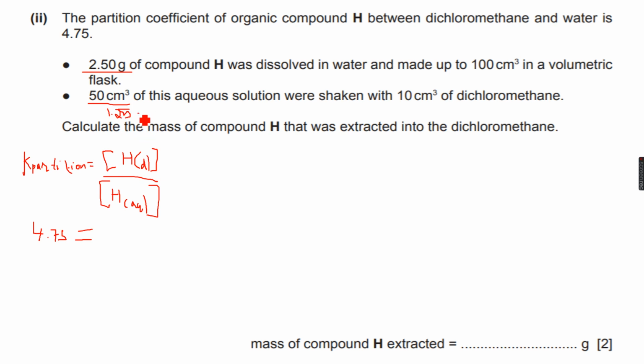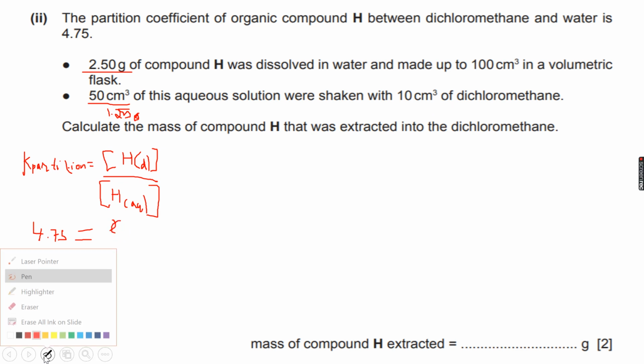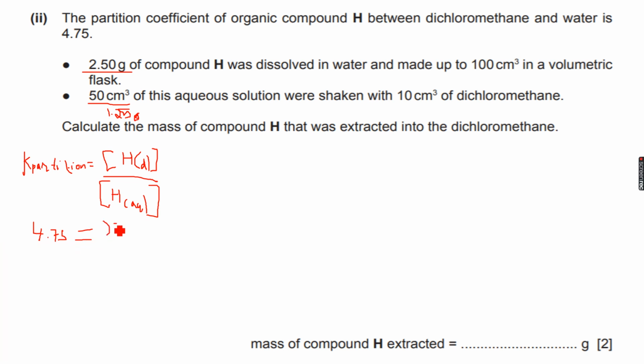So 1.25 grams in 50 centimeter cube was shaken with 10 centimeter cube of dichloromethane. If I say that an amount X was extracted into the dichloromethane, then we have X over 10, because X grams were extracted into the 10 centimeter cube of dichloromethane.